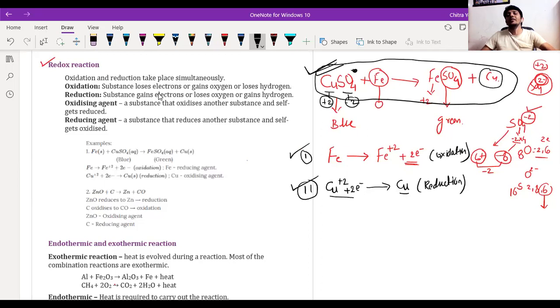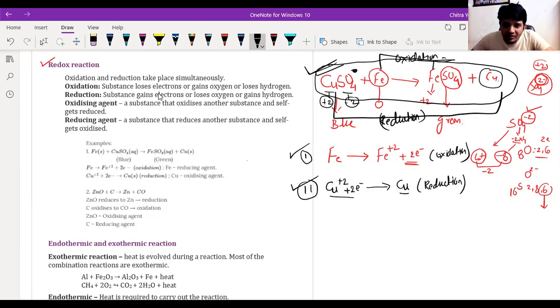So we can define the redox reaction. Here in case of copper, reduction reaction takes place, whereas in case of ferrous, oxidation reaction takes place. Hence, in this reaction, oxidation as well as reduction both take place simultaneously.